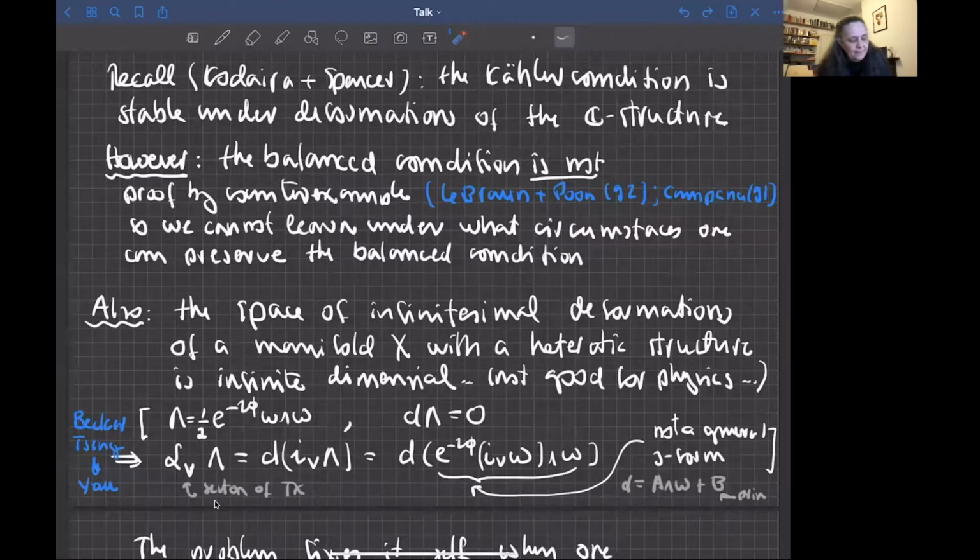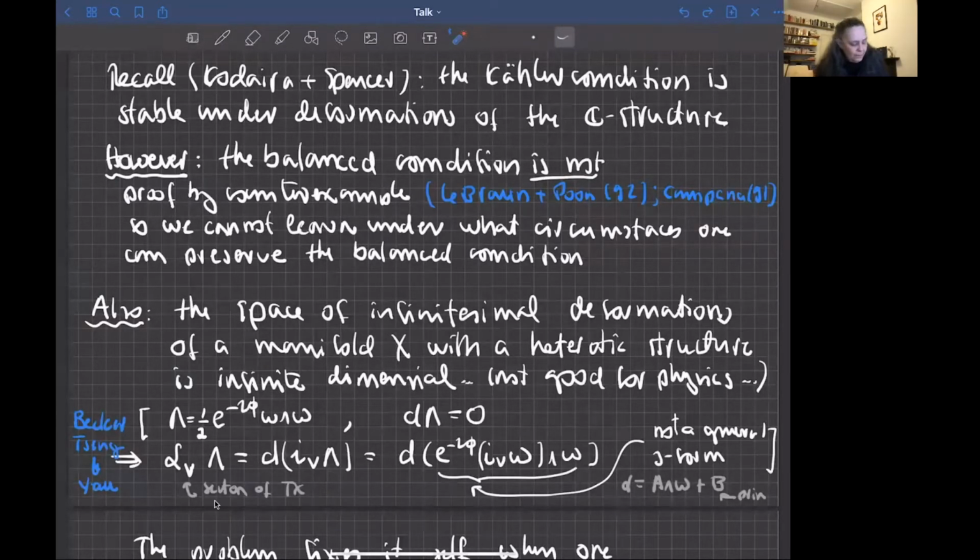So consider this two form, that is, apart from this conformal factor, the square of omega, right? The conformally balanced condition says that this four form is closed, right? So its infinitesimal deformations will be given by its Lie derivative, and let's consider infinitesimal deformations corresponding to a section of a vector V, right? A section of the tangent bundle.